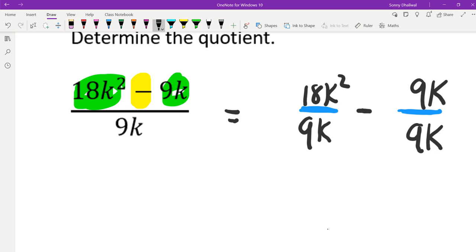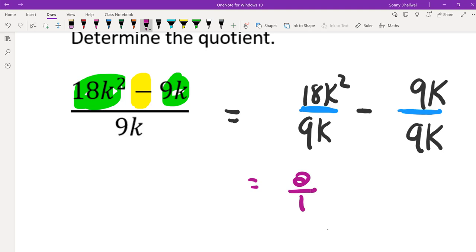Treat them individually. Can't you do 1 over 2k squared for the first one, and then for the next one, can we do 1 over 1k? 2 over 1 is what Harinder is saying?